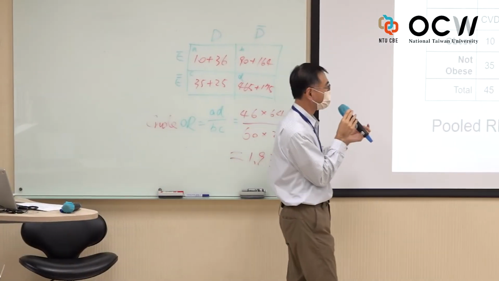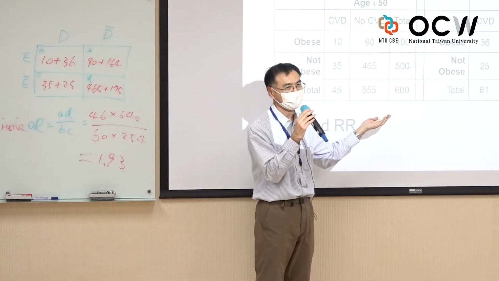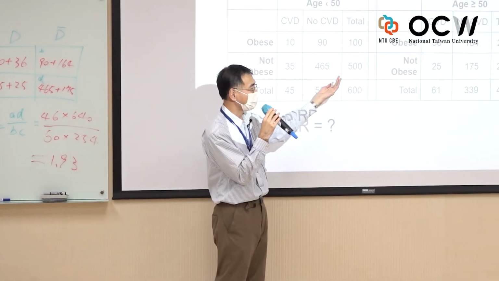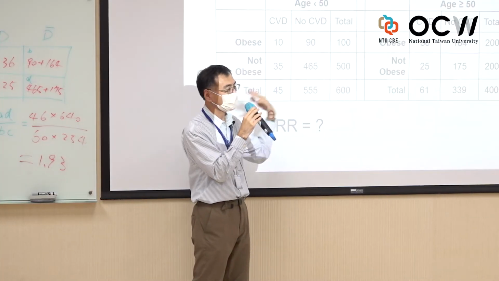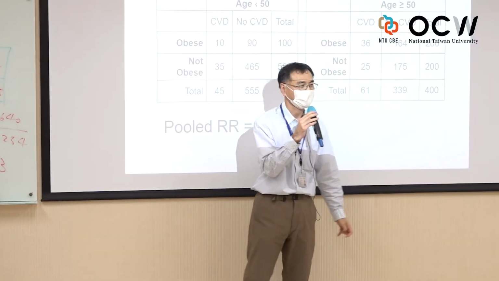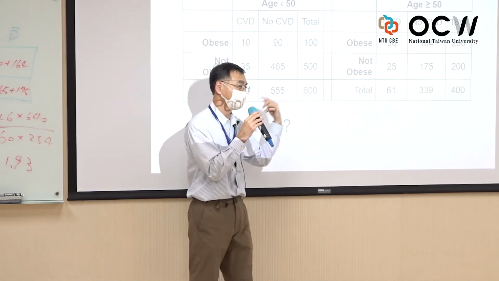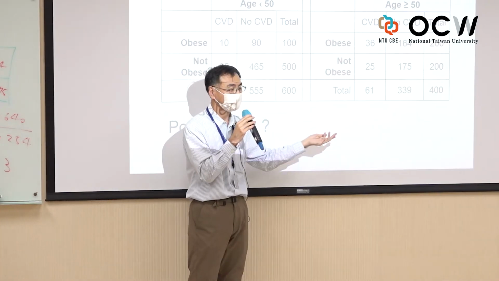Of course, we could do exactly the same thing separately, but it's not answering the question, right? It's an estimation of the rate ratio for the people younger than 50 and for the people equal to or older than 50. You will get two different estimations of rate ratio.